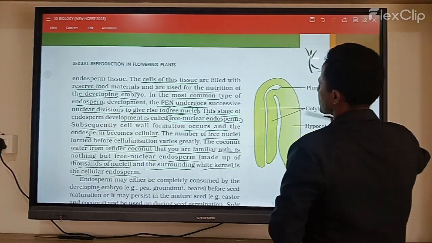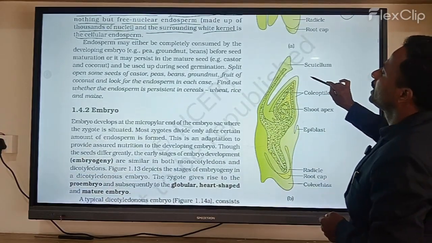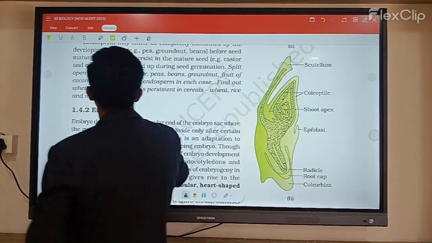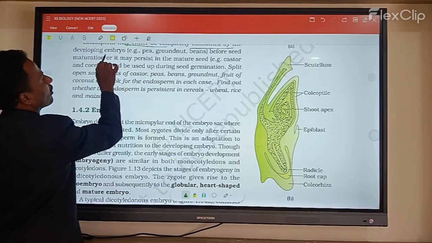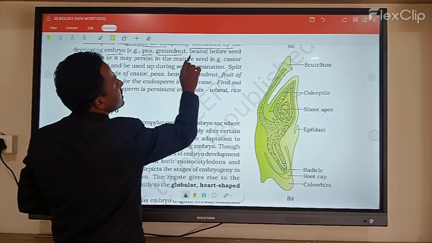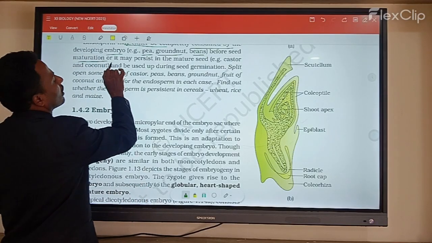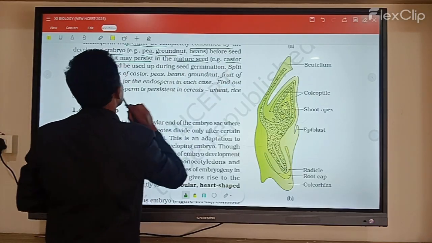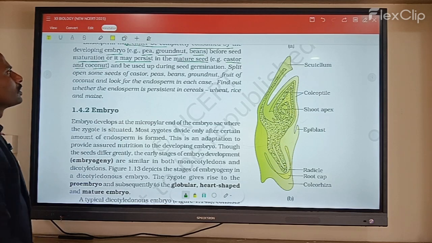Next, the endosperm is either completely consumed by the developing embryo before seed maturation, as you observe in pea, groundnut and beans, or it may persist in the mature seed, as in castor and coconut.